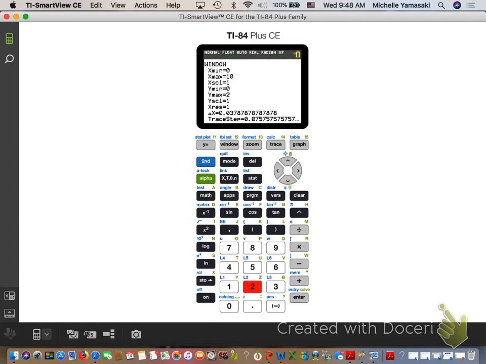All right, let's just go positive 20. And do we want to make the y scale by 1? Sure, why not? I can do it by 2. I can do it by 5s. I think by 1. The smaller it is, the more of the data you see. Now, we can hit graph, and we can see our data. So there's the scatter plot.